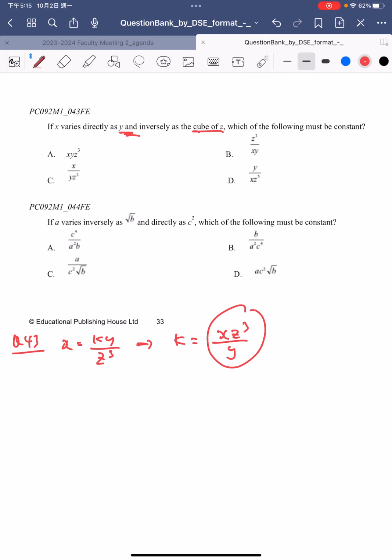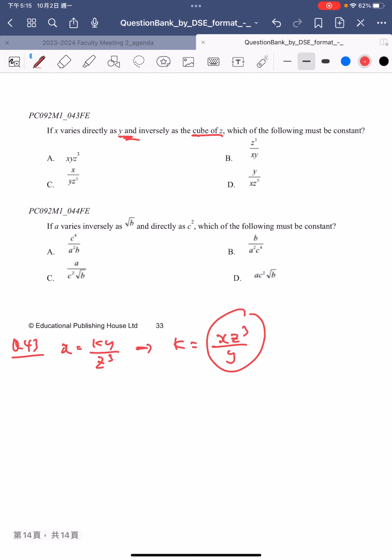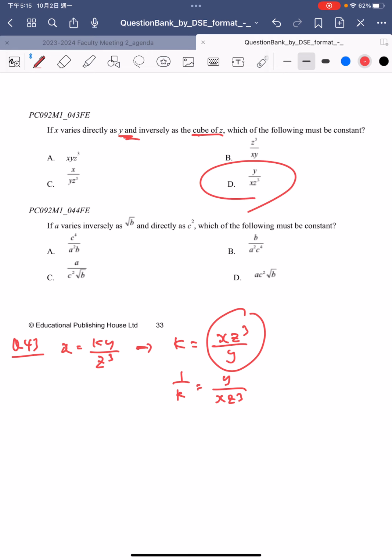Actually I can't see anything like it, but actually we have seen something. We have 1 over k is equal to, we reverse the numerator and denominator, Y over XZ cubed. You can see D is Y over XZ cubed. So 1 over k is still a constant, as k is constant, isn't it? It doesn't change anything. So Y over XZ cubed is actually a constant as well.